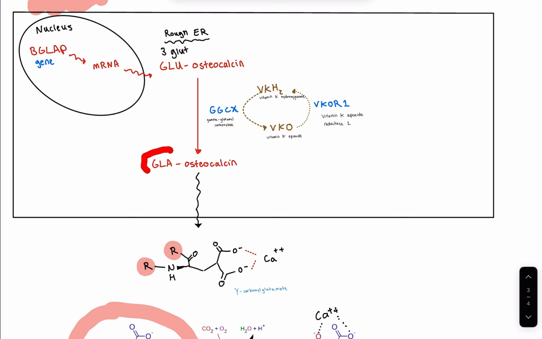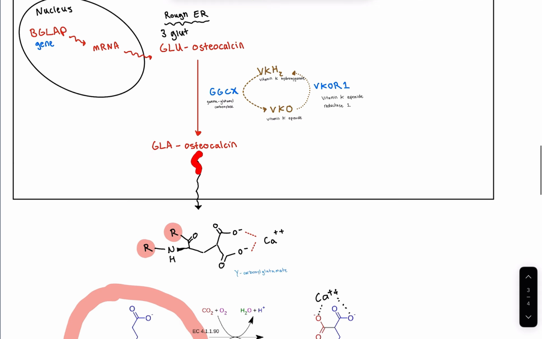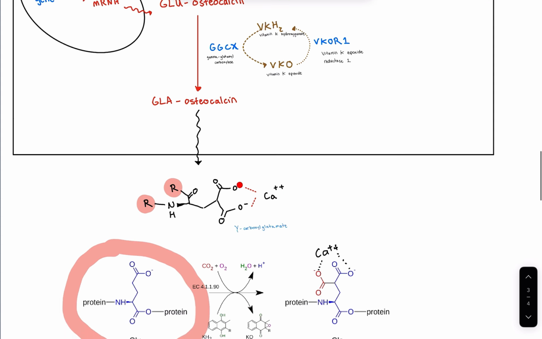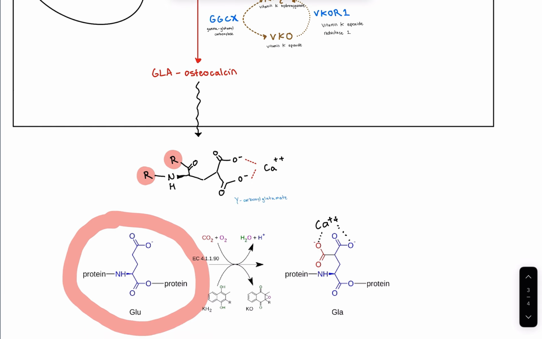But once I form this GLA osteocalcin, it's then put in these little secretory vesicles, and it's exocytosed out of the cell, where it binds with calcium located on the outside of the cell due to those two negative charges coordinating with the two positive charges of calcium. And calcium is present in hydroxyapatite.